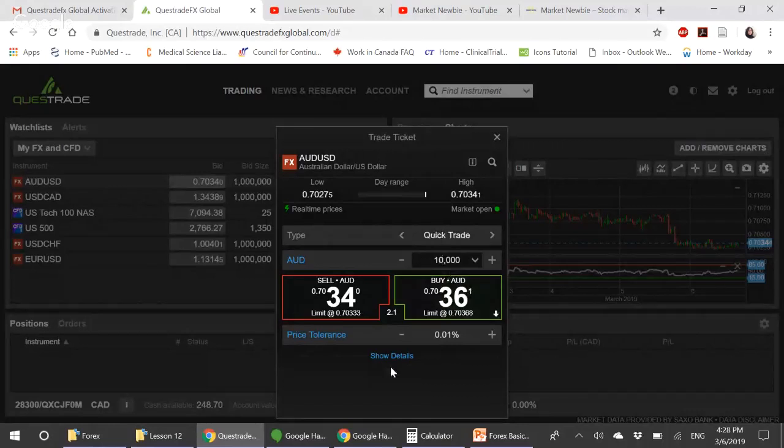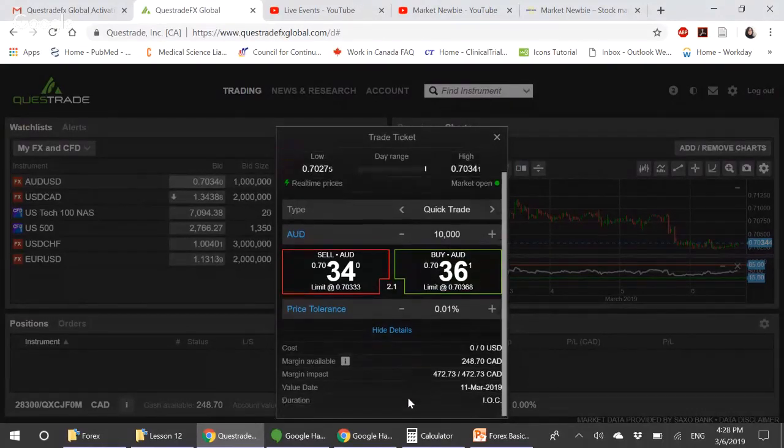One thing that you need to pay attention to: if I click on show details, you have to always do this, and don't just simply hit buy or sell, because as you can see here, it shows the value date and the margin impact. If you buy 10,000, your margin will go down $742.